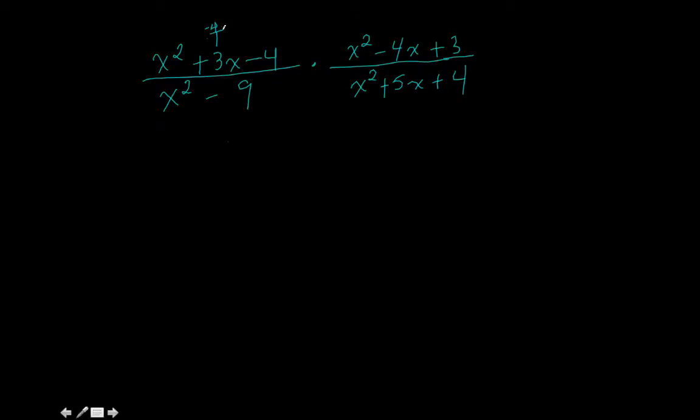So we have negative 1, positive 4, 1, negative 4, 2, negative 2. So negative 1, 4 makes 3, 1, negative 4 makes negative 3, and 2, negative 2 makes 0. So we want negative 1, 4. So x minus 1, x plus 4 is in the top.